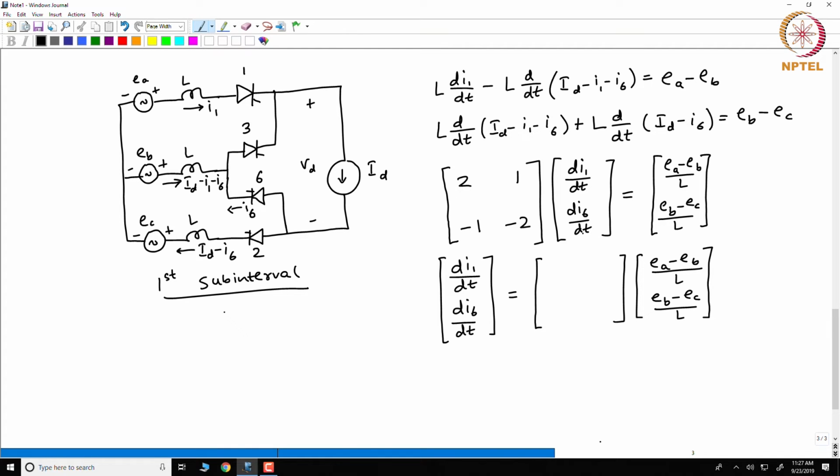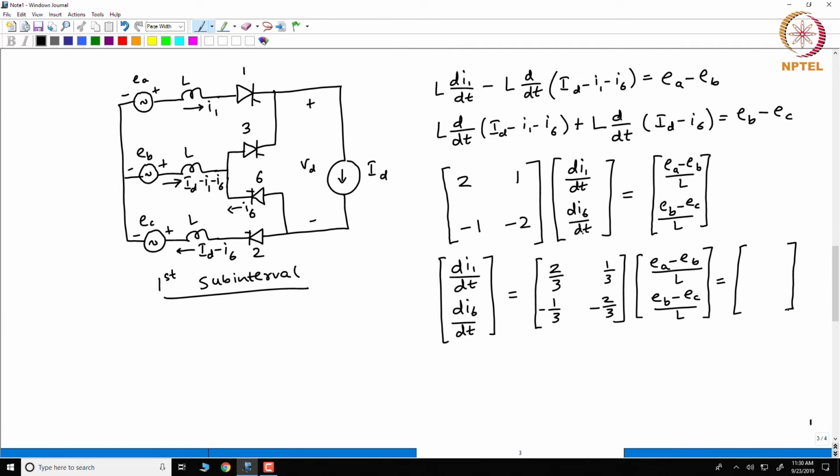What is the inverse of this? 1/3 times the matrix with 2, minus 1, 1, 2. So it is (2EA minus 2EB plus EB minus EC)/3L. What is this? EA by L. Similarly, what is the second term? Minus EA plus EB minus 2EB plus 2EC.